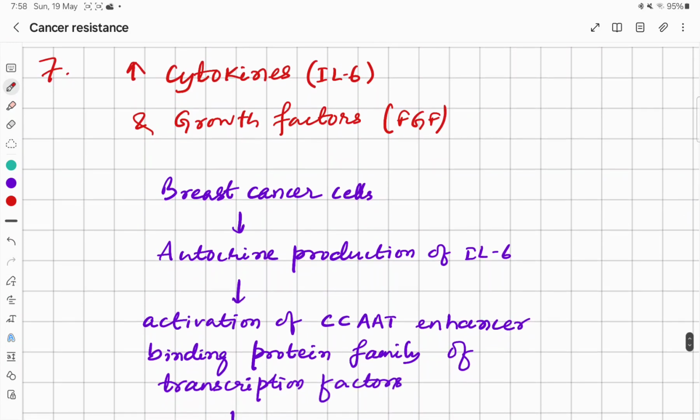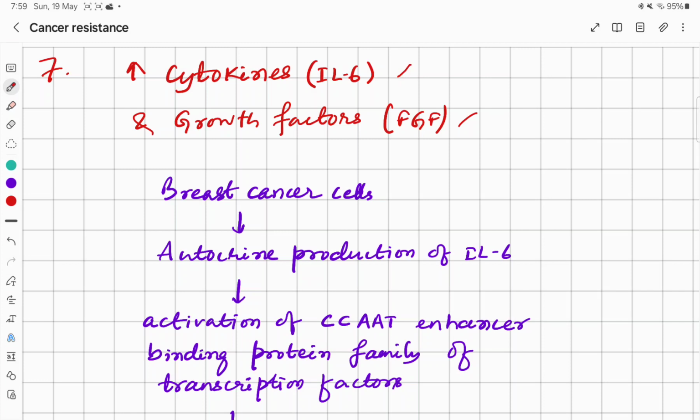The seventh mechanism of anti-cancer drug resistance: there can be increased expression of cytokines like interleukin 6 and growth factors like fibroblast growth factor. These cytokines and growth factors are mediators of uncontrolled proliferation.